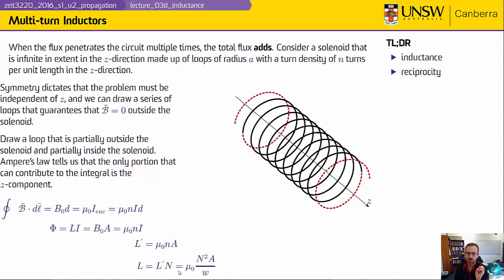And so my total flux is going to be mu naught times the number of turns squared times the cross-sectional area of the loop, times the overall length of the solenoid. And that's our expression there for the inductance.